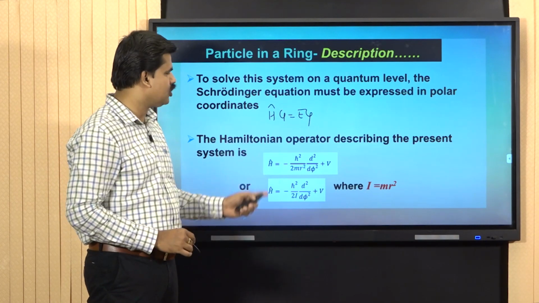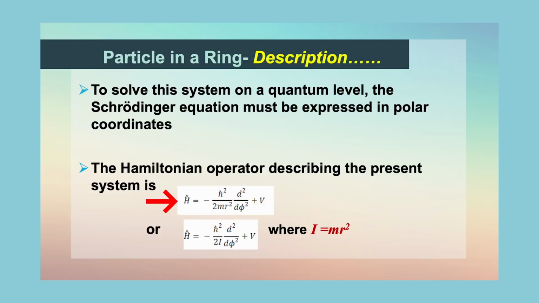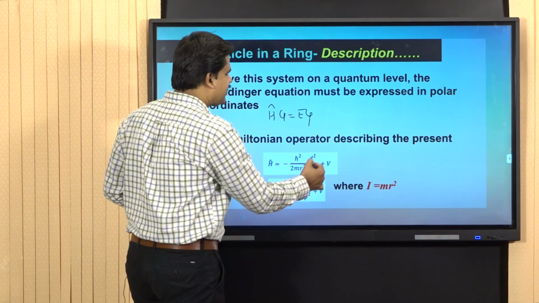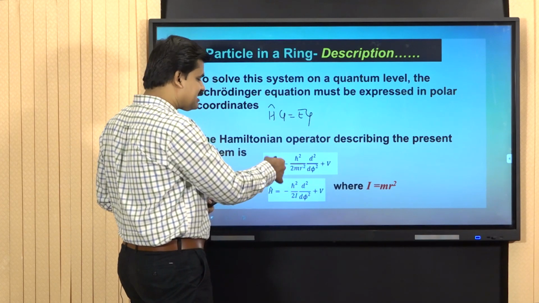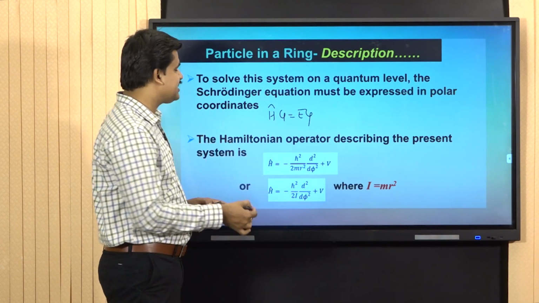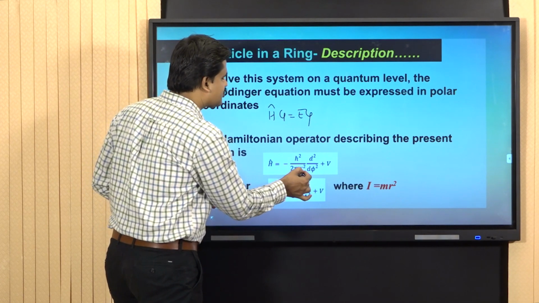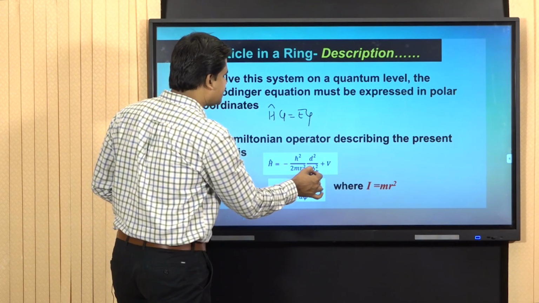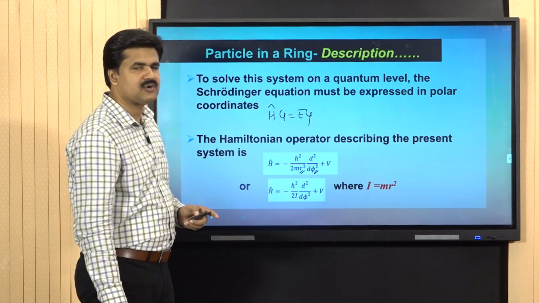H hat equals minus h cross square by 2m r square into d square by d phi square plus V. Here in this Hamiltonian operator, we can see that there are two variables, that is the r variable and the phi variable.